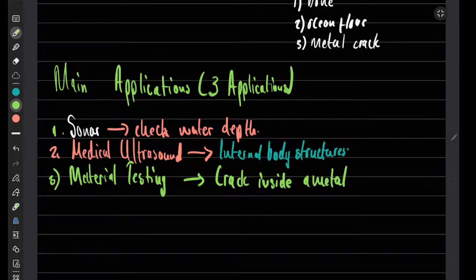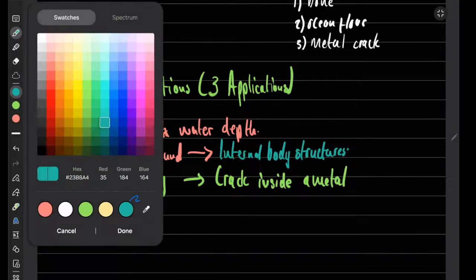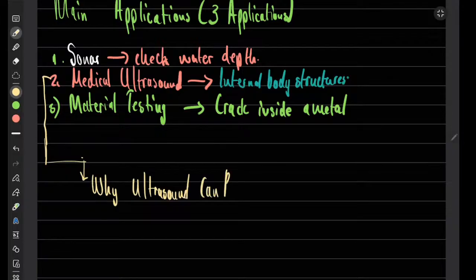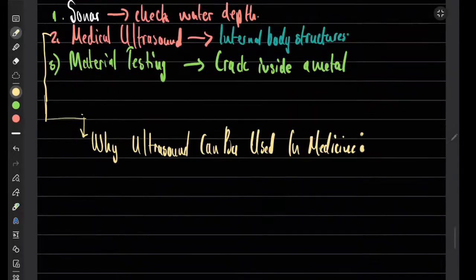Now, let me just say this, then you'll be done. In medical ultrasound, when you're checking internal body structures, why can ultrasound be used in medicine? It's a sound wave, guys. It's not an electromagnetic wave.